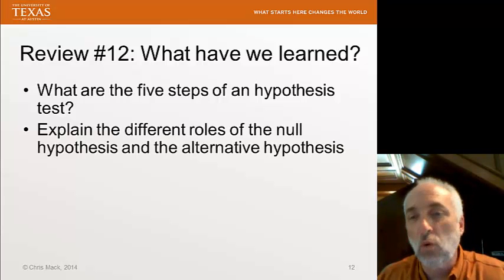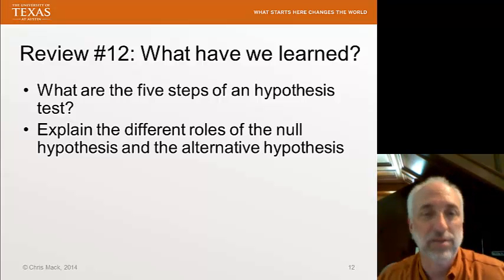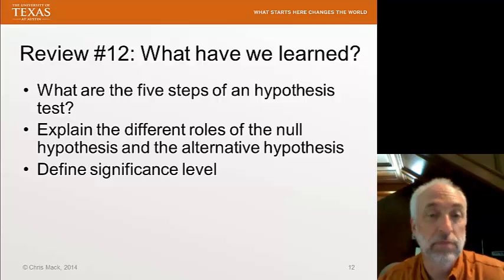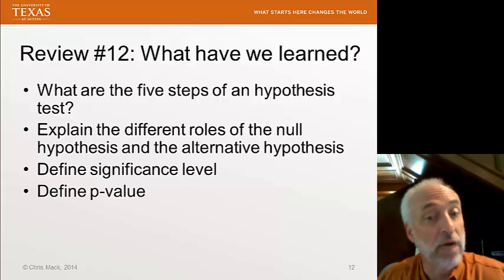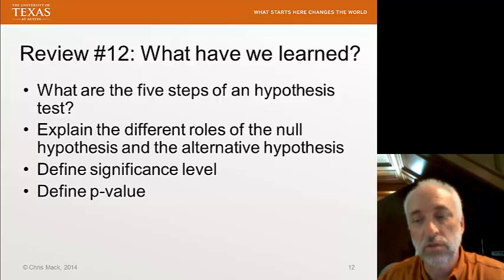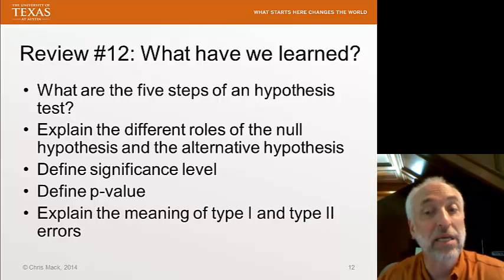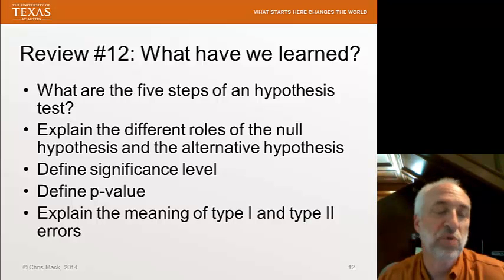Explain the different roles of the null hypothesis and the alternative hypothesis. Define significance level. Define the p-value, the main new concept that we discovered in this lecture. And finally, explain the meaning of type 1 and type 2 errors.